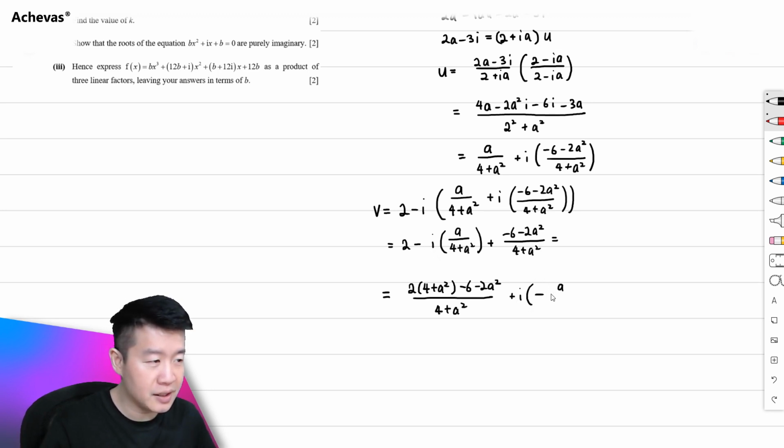So minus a over 4 plus a square. So my final answer is 2 times 4, 8. 8 minus 6 is going to be 2. Then 2a square minus 2a square will be 0. So I have 2 over 4 plus a square plus i times of minus a over 4 plus a square.